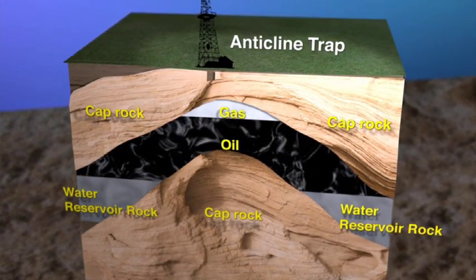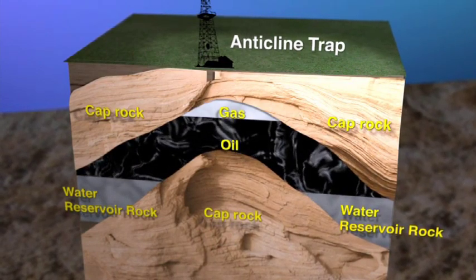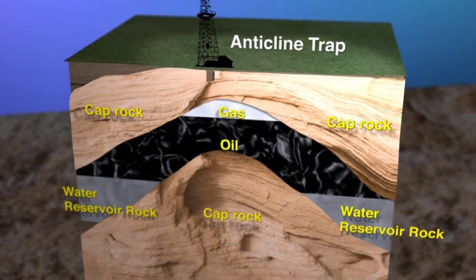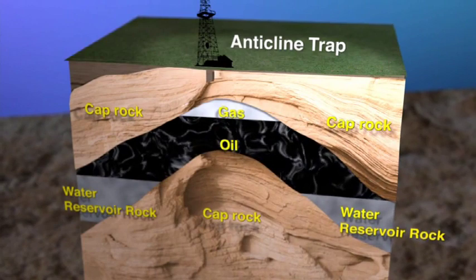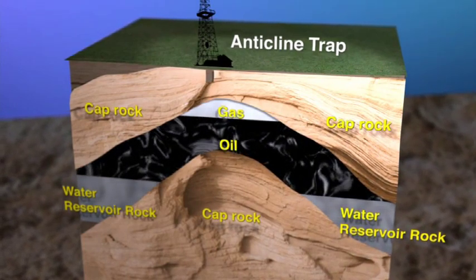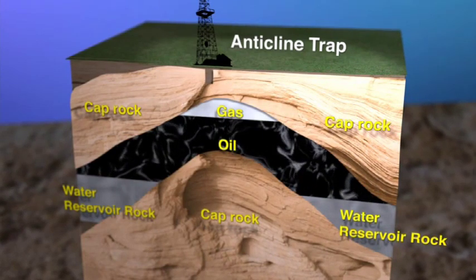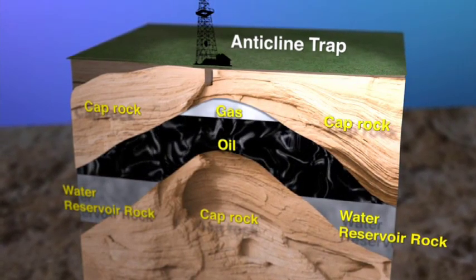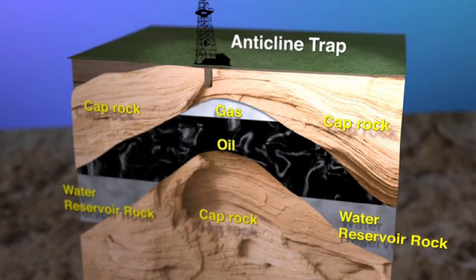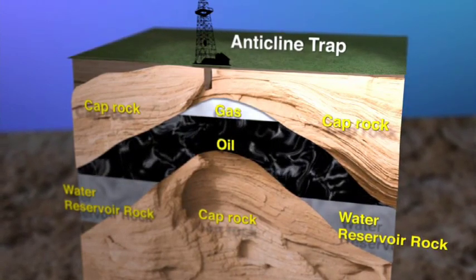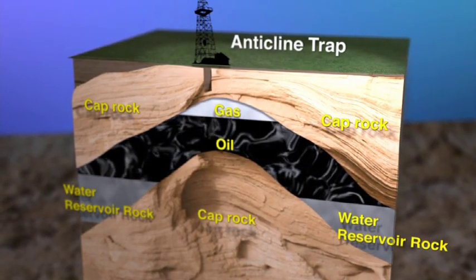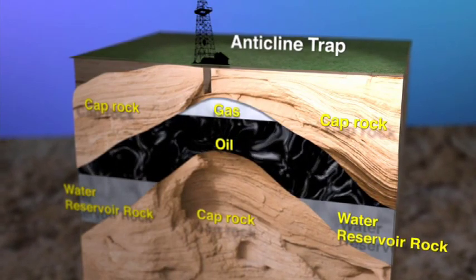Again, the surface is green, and underground the brown is the caprock. The one underneath the caprock is our reservoir rock, and once again we can see gas, oil, water in the same order. So we can see that both of these are taking all 3 of our concepts and putting them together to make oil and gas traps.